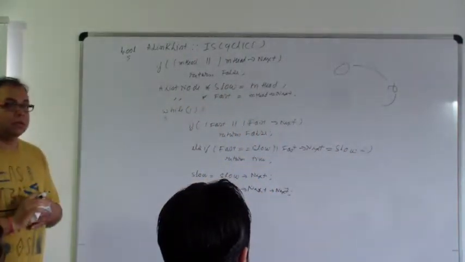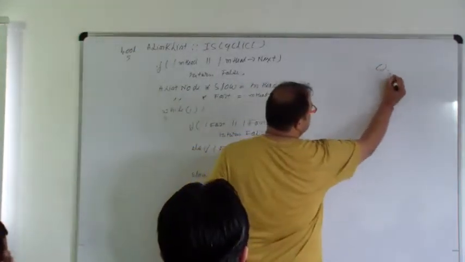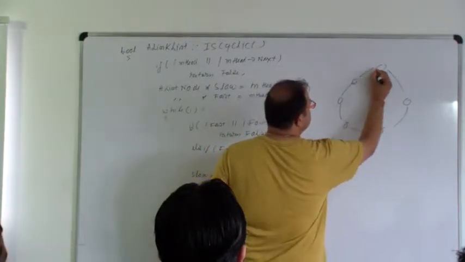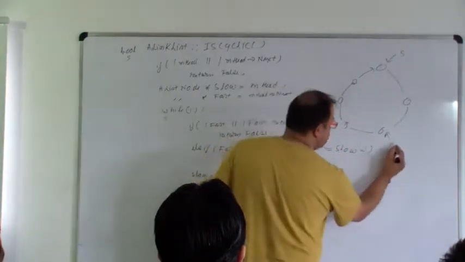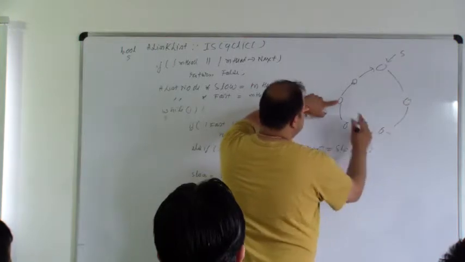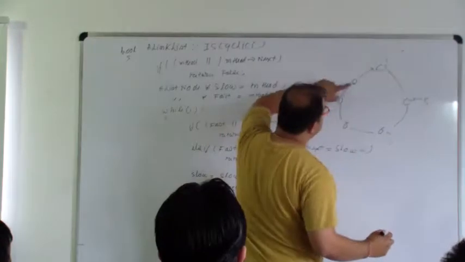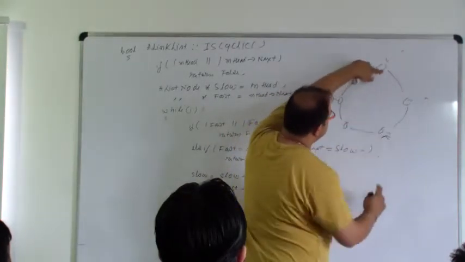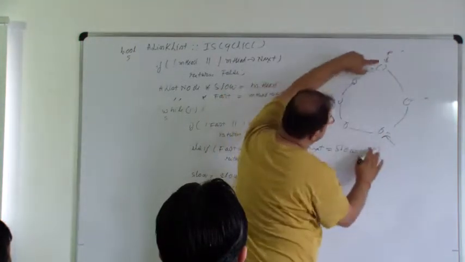Can we just take an example? Sure. Slow is here, let's say fast is here. I move fast by 2, slow by 1. So fast comes over here, slow is over here. I move fast by 2, slow by 1 again, so fast comes here, slow is over here.